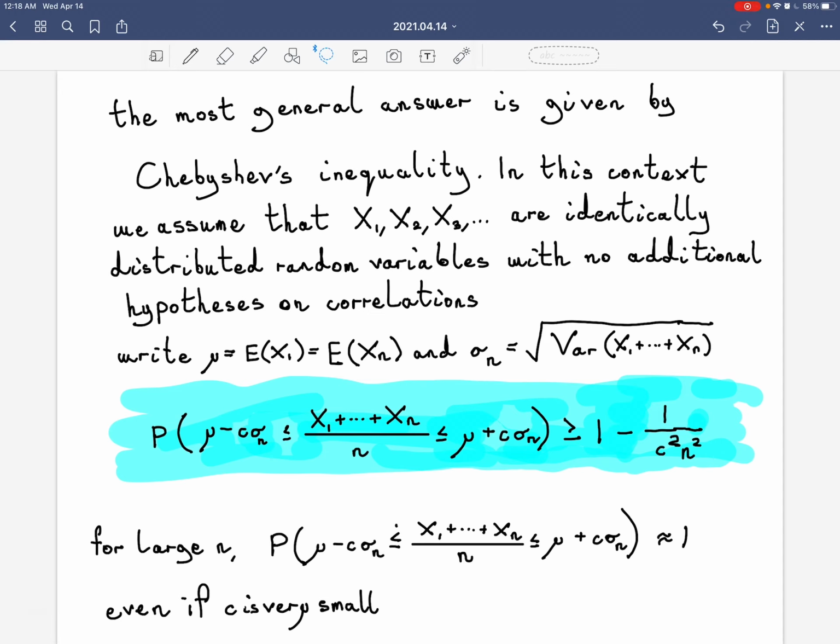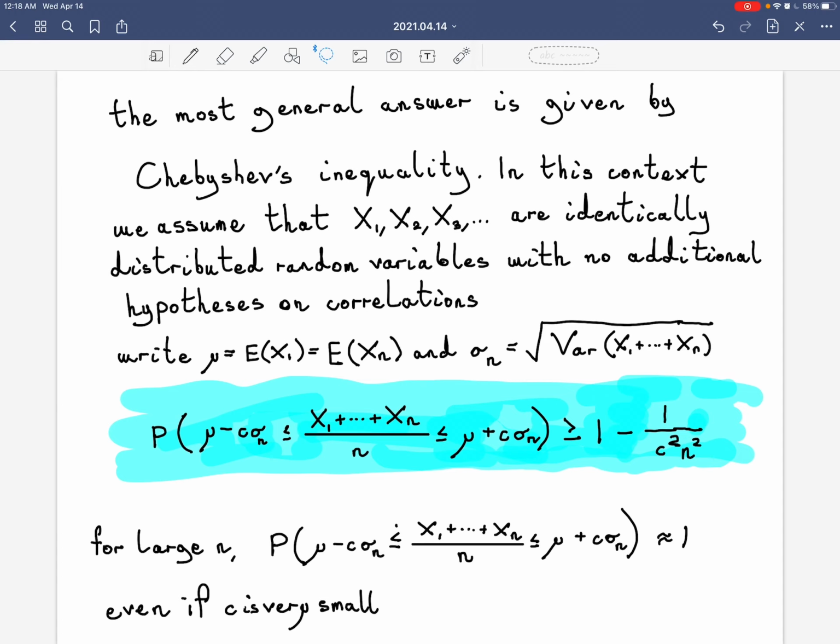Okay, so the most general answer you can get about the extent to which random variables concentrate around their mean is this thing called Chebyshev's inequality, which I've highlighted in teal.